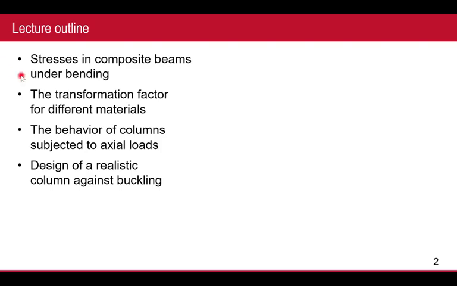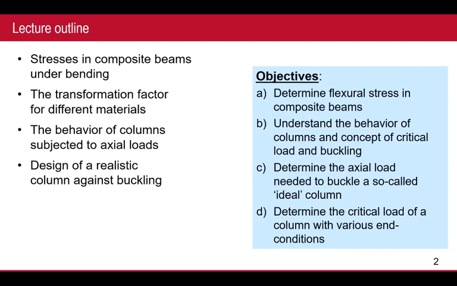We will also understand the behavior of columns subject to axial loading and the design of a realistic column against buckling. After this lecture, students should be able to determine the stress in composite beams, understand the behavior of columns and the concept of critical load and buckling, and determine the axial load needed to buckle a so-called ideal column.